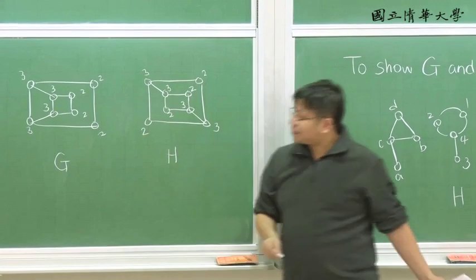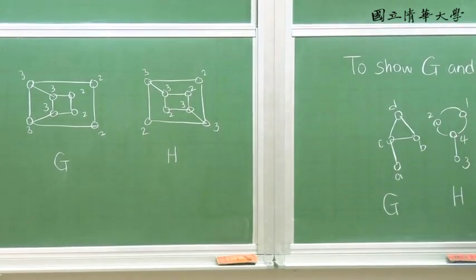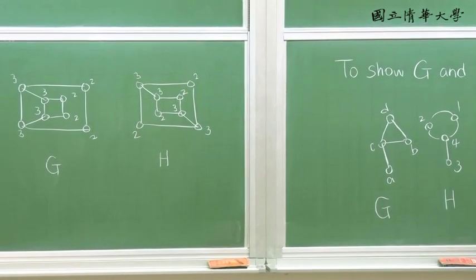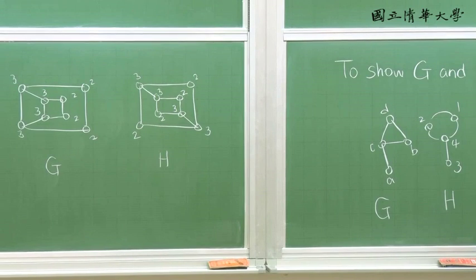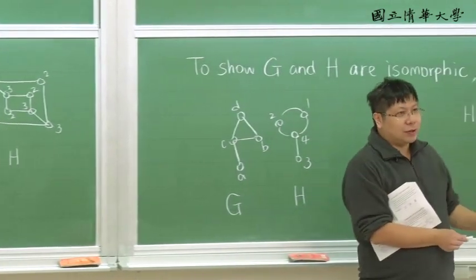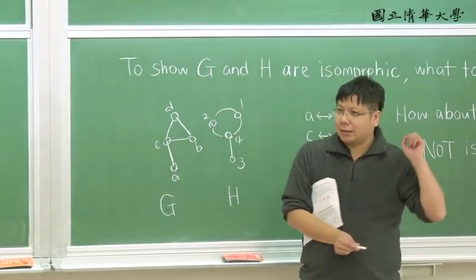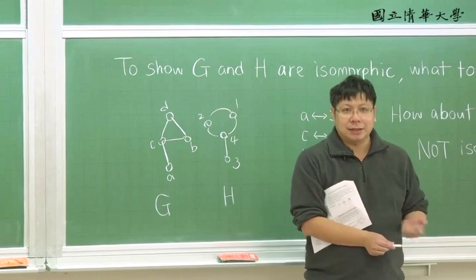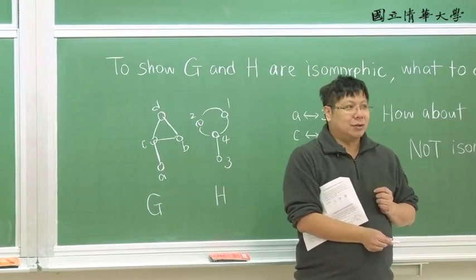So you have exactly 4 degree 2 vertices on each side and exactly 4 degree 3 vertices on each side.